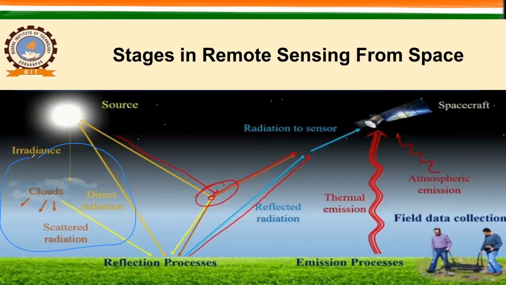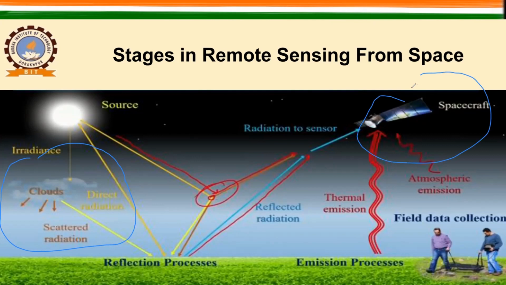So here you can see there are a few energies which are interacting with the atmosphere, and here is maybe a gaseous molecule or maybe water vapor, and from there it gets directly reflected or emitted, and is captured by your sensor along with the real data. So along with this, information is always being recorded.